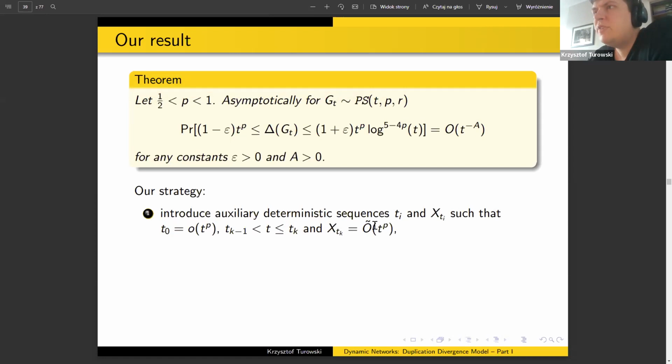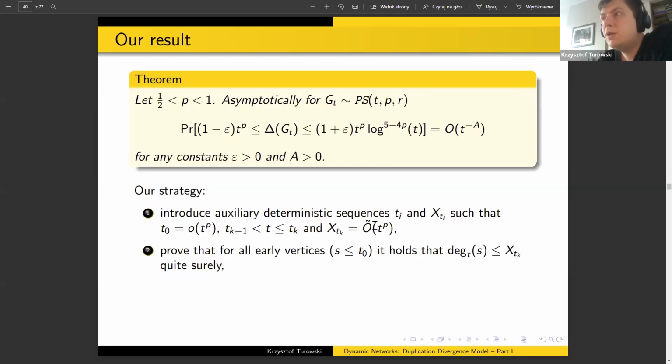Okay, so our strategy is to introduce sequences: we pick certain moments in time, t0, t1, up to certain tk, and we pick an associated deterministic sequence x_t.